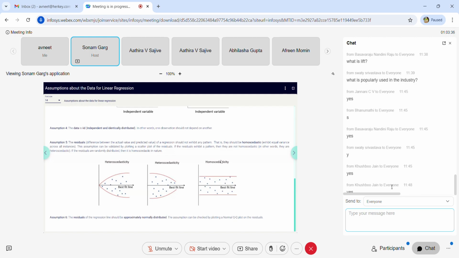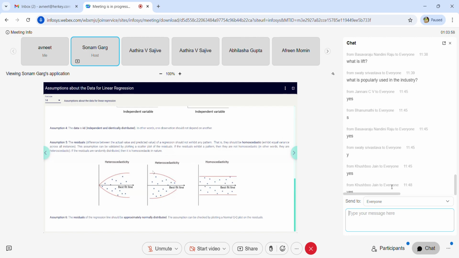Restrict or refine the variables, the x variable or y variable. We have to work on it. When the residual plots are plotted on a scatter plot, they should show equal variance. It should not exhibit some pattern like this.